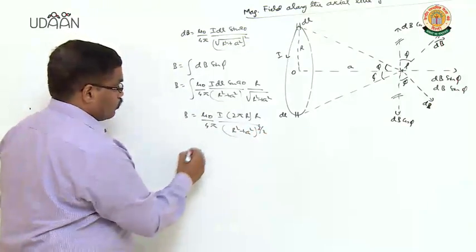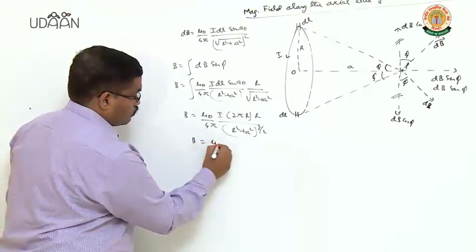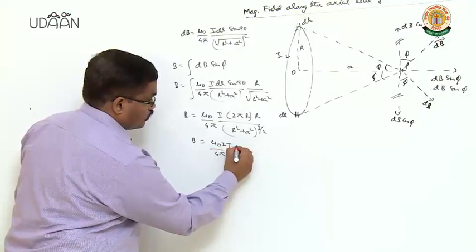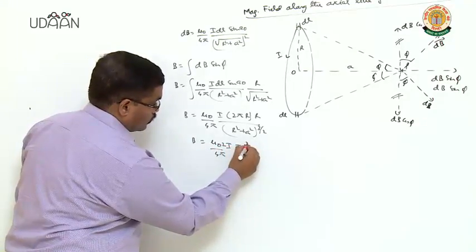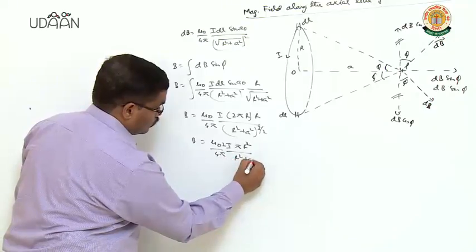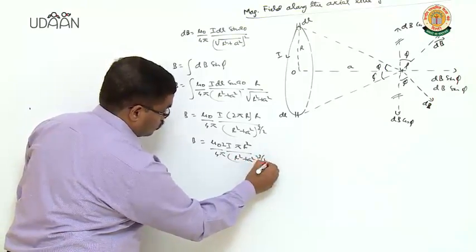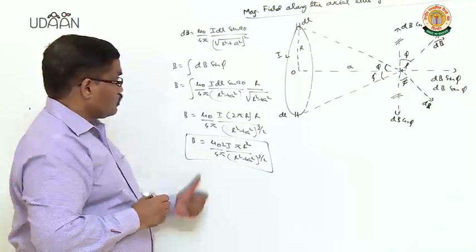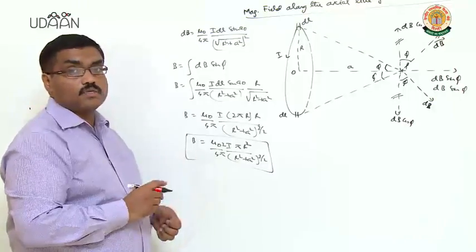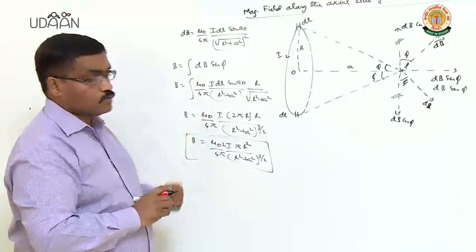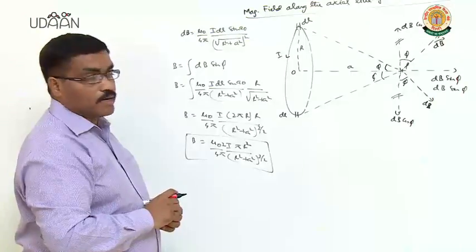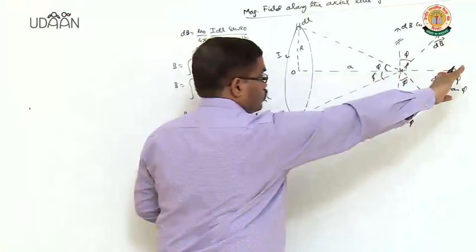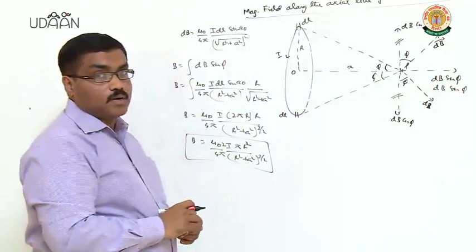So B is equal to mu naught upon 4 pi, I into 2 pi r square divided by r square plus a square raised to power 3 by 2. Now this gives me the strength of the magnetic field. If you look at the figure, the direction of the magnetic field is normal to the plane of the circular coil, acting towards the right. This is the direction of the magnetic field.